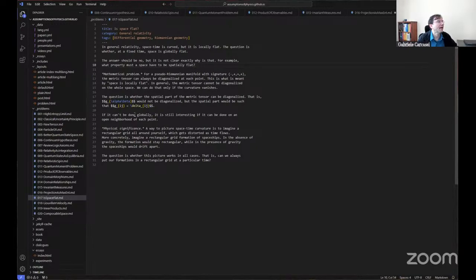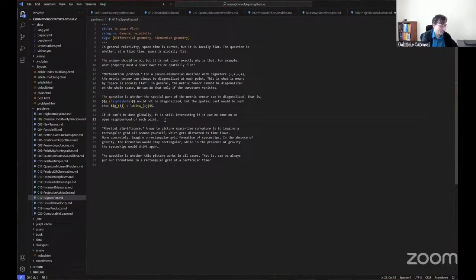Okay, so if it can't be done globally, it is still interesting if it can be done on an open neighborhood at each point, and it probably cannot. So I can just remove this, because if it can be done in an open neighborhood, that's something. Can you have a first order expansion such that you can do that?